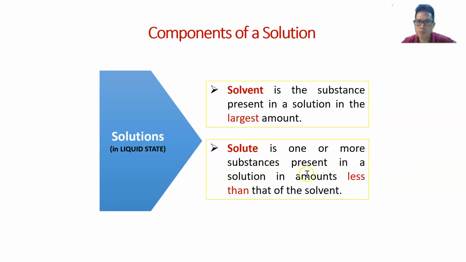A solute is one or more substances present in the solution in an amount less than that of the solvent. You can have a few solutes dissolved in the solvent, not just one.